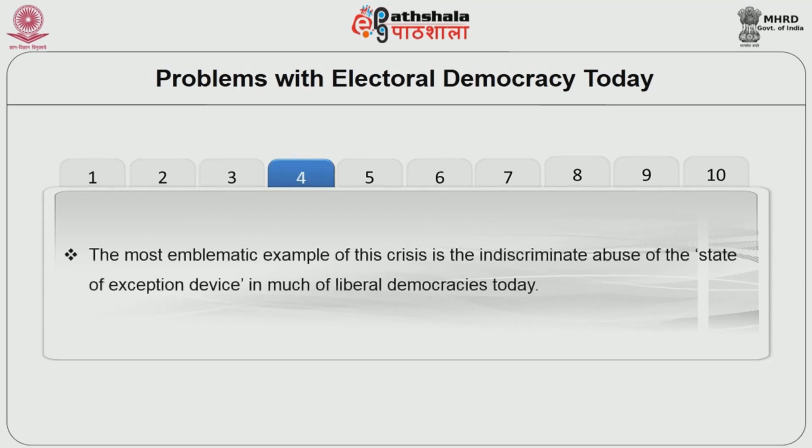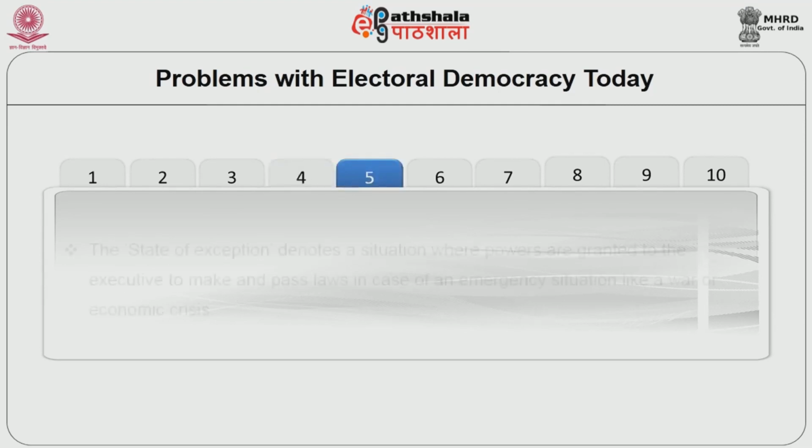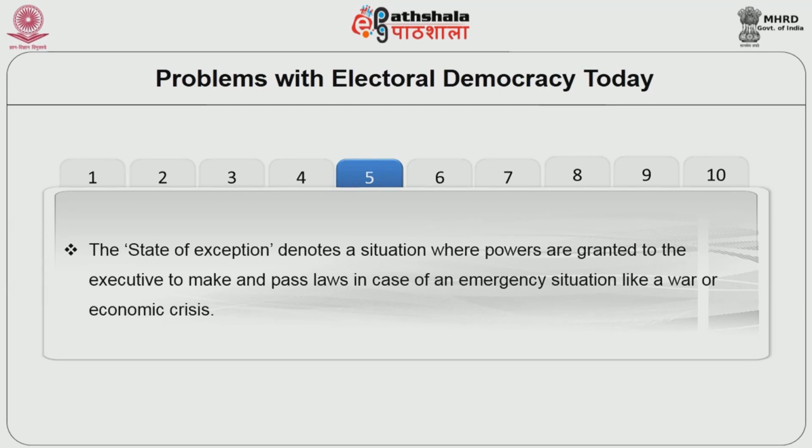The most emblematic example of this crisis is the indiscriminate abuse of the state of exception device in much of the liberal democracies today. The state of exception denotes a situation where powers are granted to the executive to make and pass laws in cases of emergency situations like war or economic crisis.